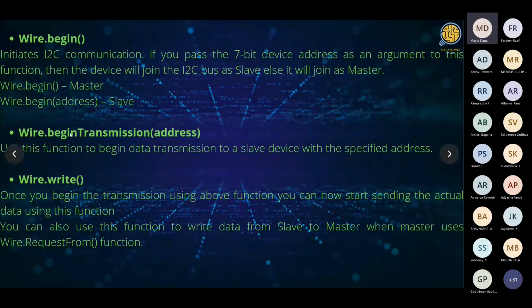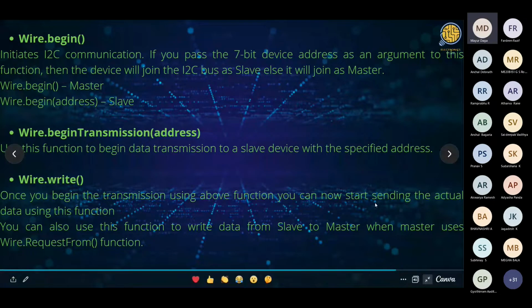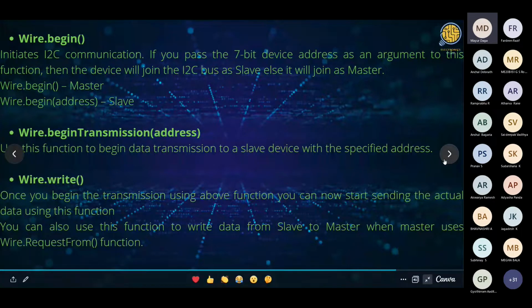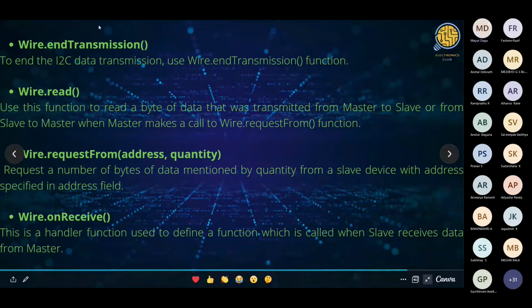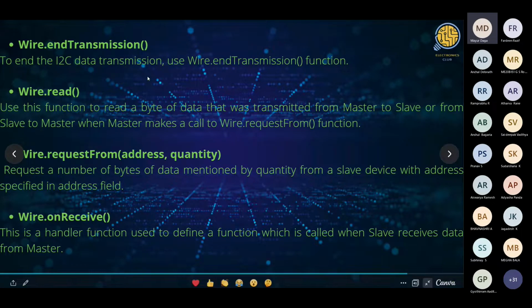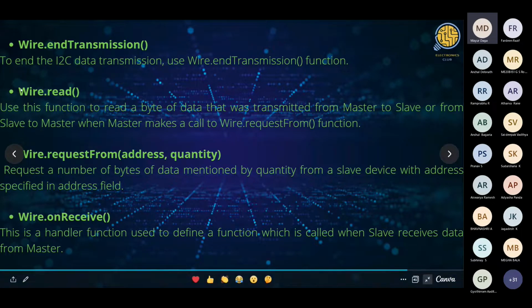Then we can write to the SDA line the data or read from the SDA line, depending upon what function we want to execute. And Wire.endTransmission will stop the transmission, terminate it and drain out the I2C bus for further communication. It will pull the SDA line high.